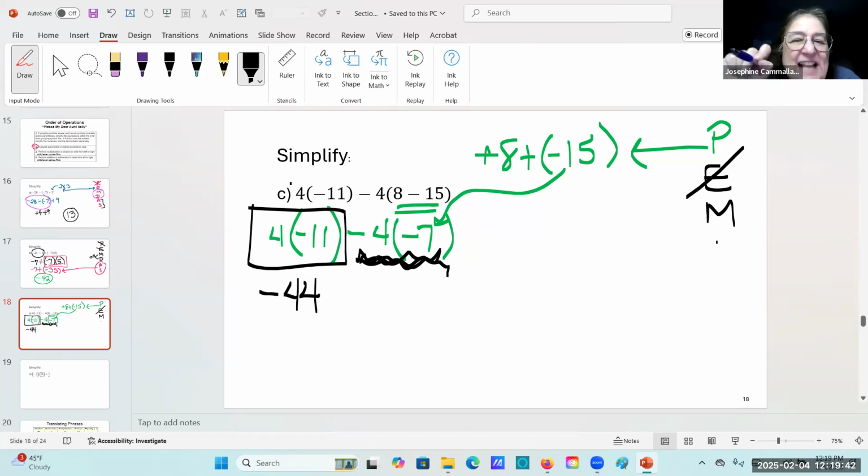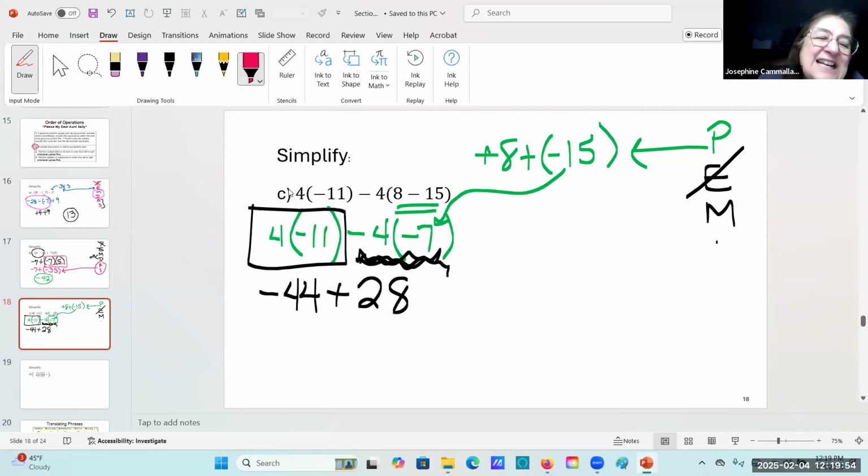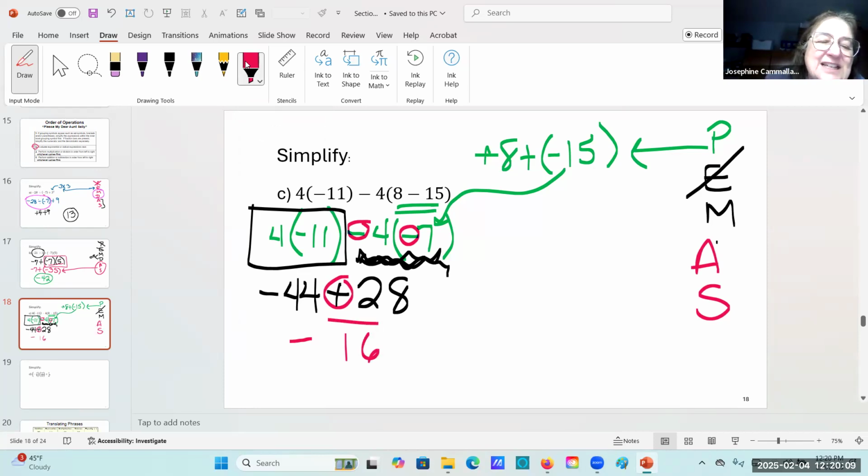The signs are going with the numbers, which means this is a positive 28. You are multiplying twice. This negative times negative makes the positive. And then I add or subtract, which is going to give me a -16.